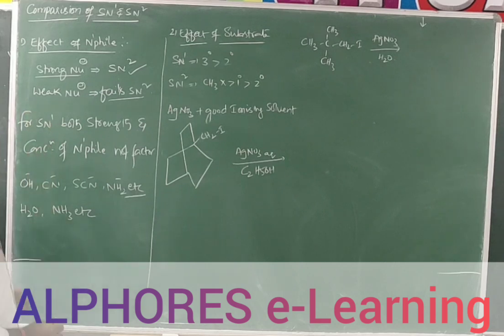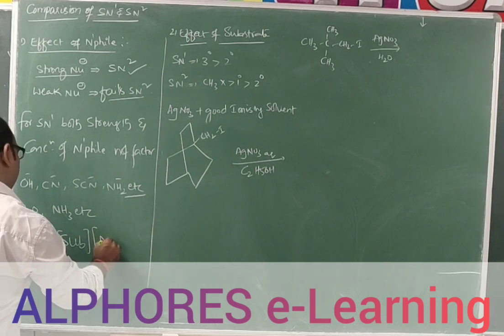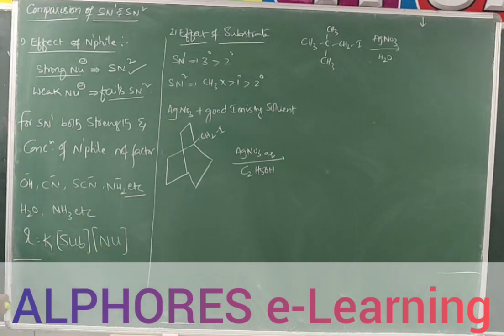For SN2, the rate law we learned is rate equals K into concentration of substrate and concentration of nucleophile. So nucleophile concentration also influences SN2. More the concentration of nucleophile, more SN2.